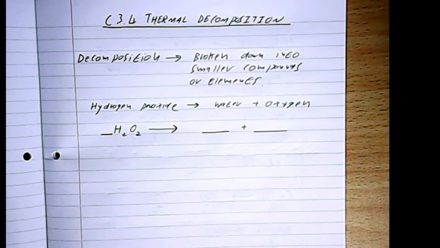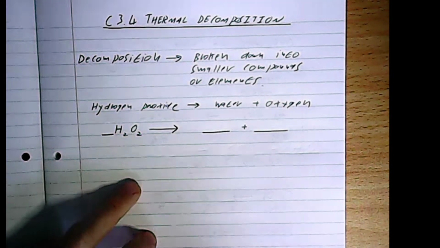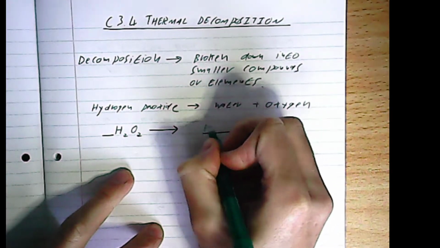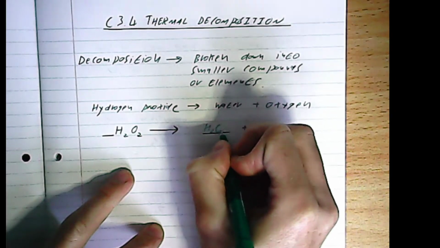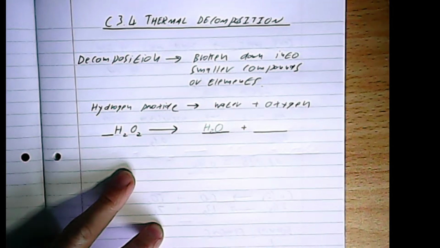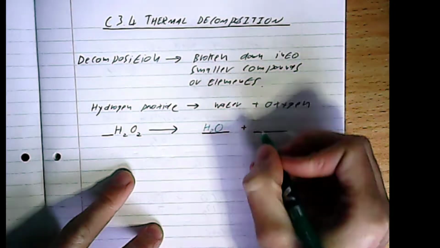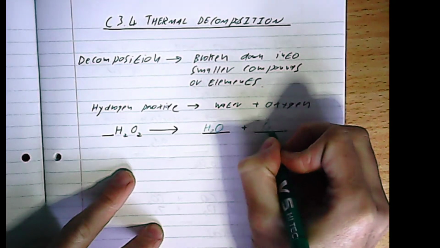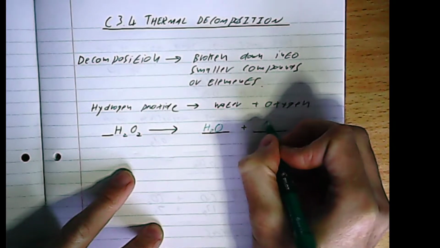If we go through each of our stages step by step, you've got water, which you should know at this stage is H2O. And we've got oxygen, which you should know by now is the chemical formula O, but it hangs around as a molecule, so it'll be O2.